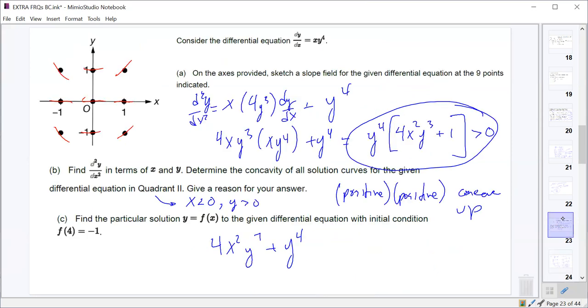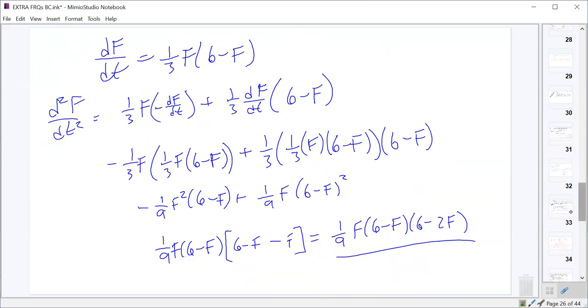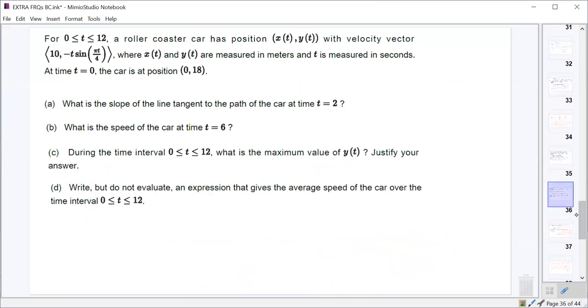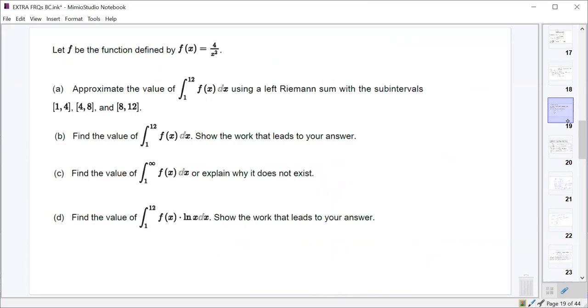That was the last part of that one, I think, right? Yeah. All right, what else? We've got a couple more minutes here. Let's see. Still got a couple of vector ones down here. We've also got this one, approximating using a Riemann sum, and then just doing some integrals.